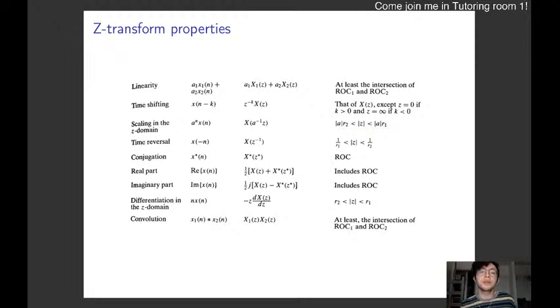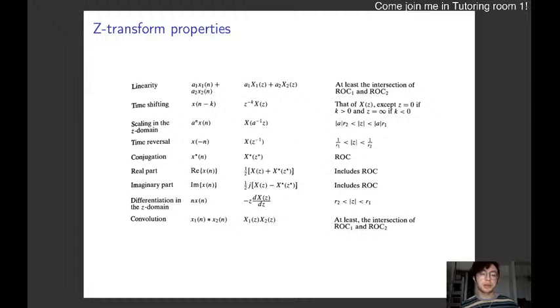The way that you would prove this is you go back to the original definition of the Z transform, plug in our signal scaled by that exponential term, and naturally it will come out where you have to divide z by a.